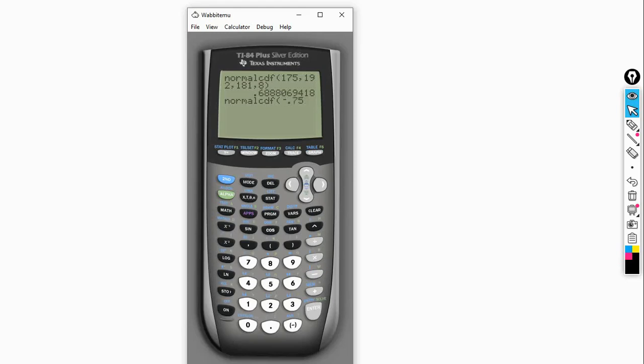And then we have the upper limit, which was the high value that we found, and that was 1.375. And then after that, we need the mean, which when it's standardized is going to be 0, and the standard deviation is just going to be 1. And then we click enter, and notice that we get the same value, 68.88%.